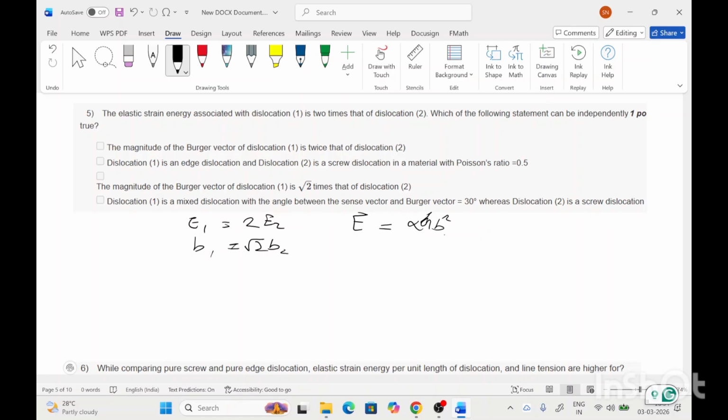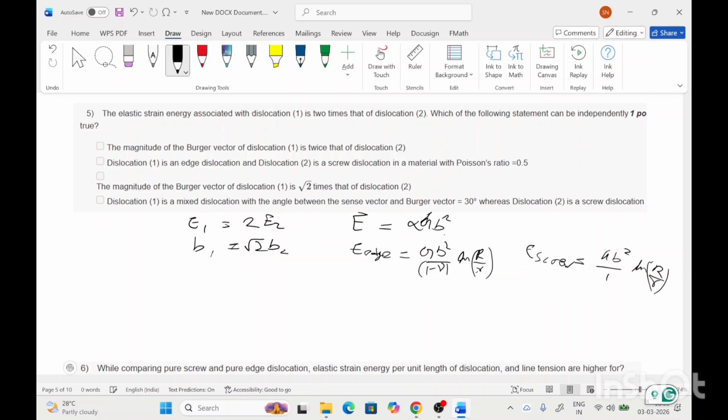One more thing: we have been asked about edge and screw dislocation. For edge, it is G b squared over 4 pi (1 minus nu) ln R by small r, and for screw, it is G b squared over 4 pi ln R by small r.